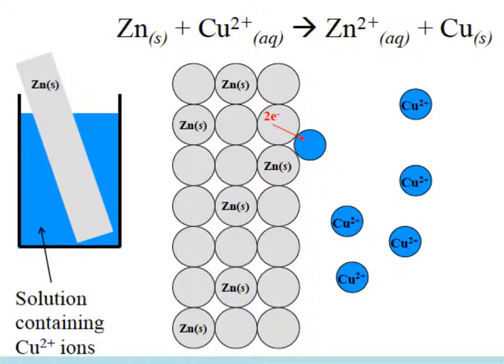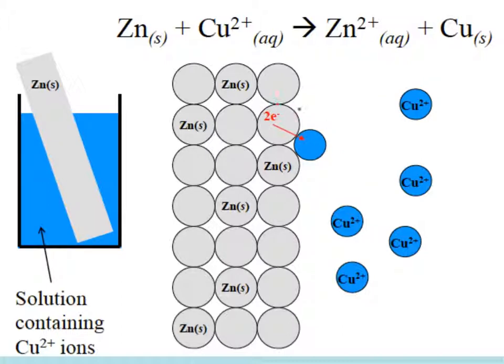Okay, so at the molecular level, this is basically what's happening. So we have our zinc metal here, and it is in our solution that contains our copper 2 plus ions. These little gray atoms here are zinc solids. And the copper 2 plus is in solution. They come over here and they attach onto the metal.